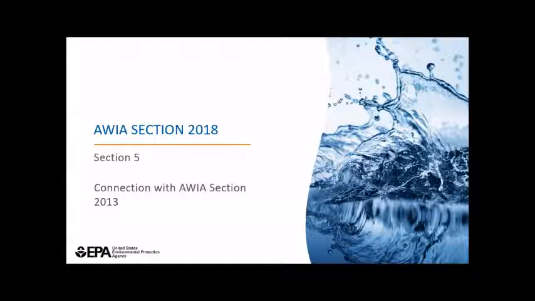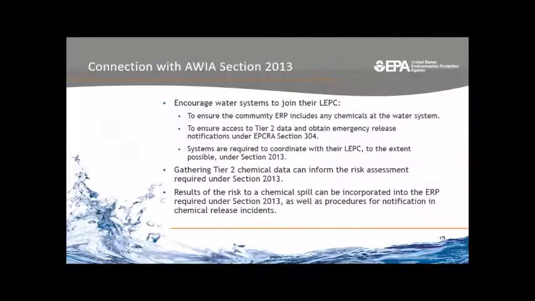So basically what I'd like to do now is mention the connections between Section 2018 and 2013. And 2013 is what we've been focusing on the majority of the day. Bottom line here is it's important to encourage community water systems utilities to become members of their LEPC to ensure that the community emergency response plan includes community water systems that also handle extremely hazardous substances such as chlorine, right?